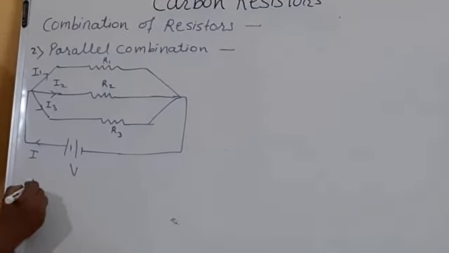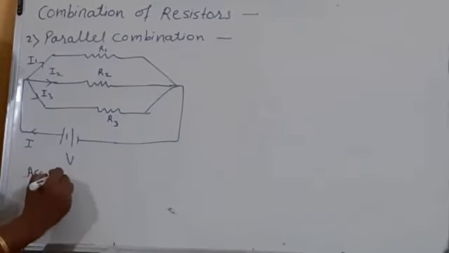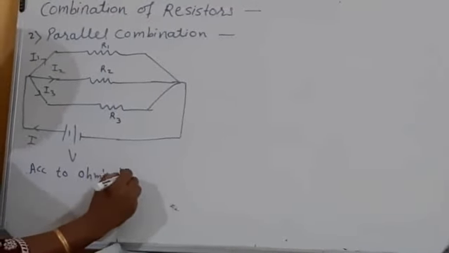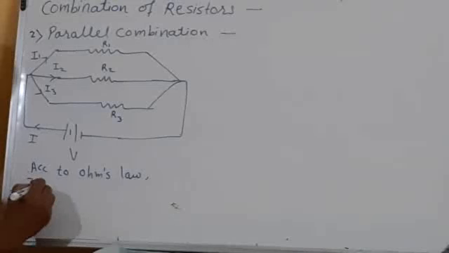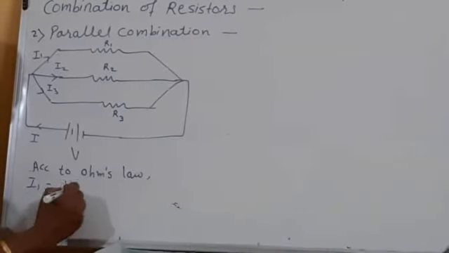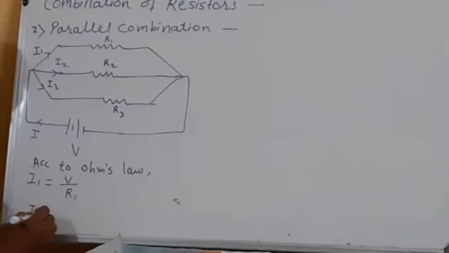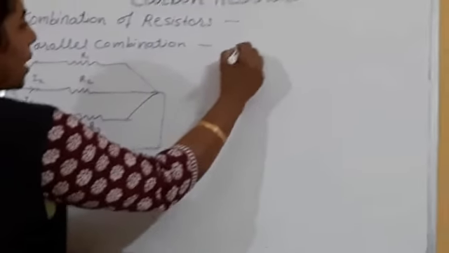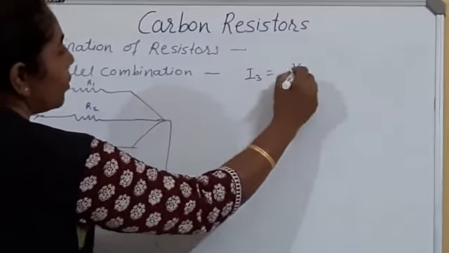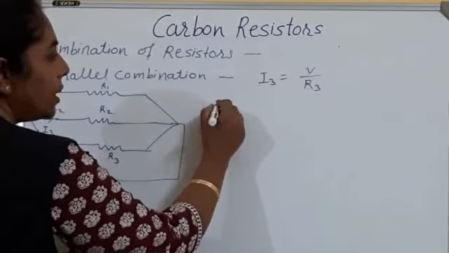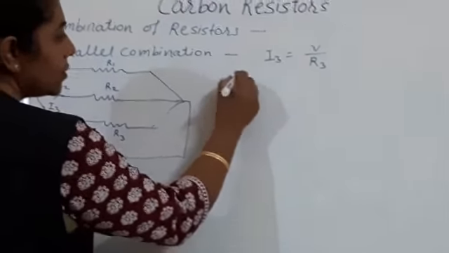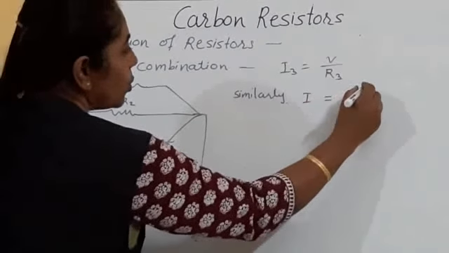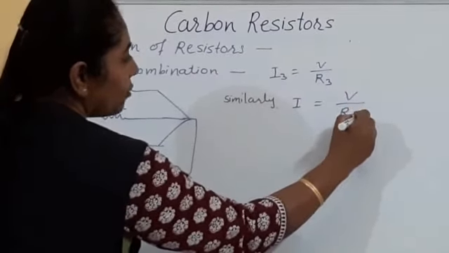So we will write according to Ohm's law, I1 is equal to V upon R1, I2 is equal to V upon R2, I3 is equal to V upon R3. Similarly, total current I is equal to V upon R equivalent.